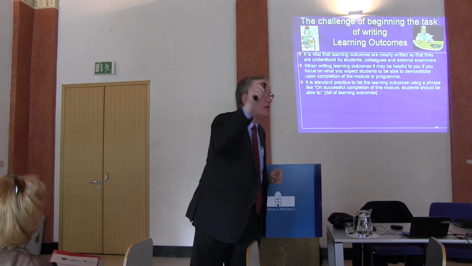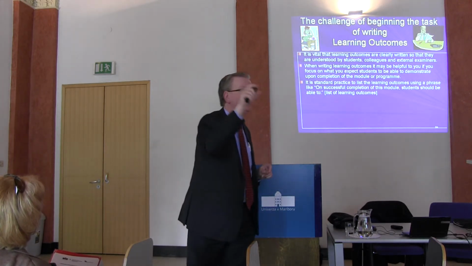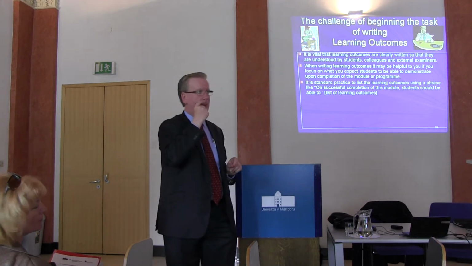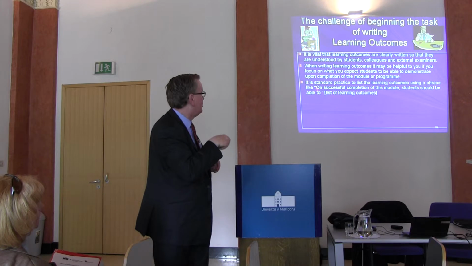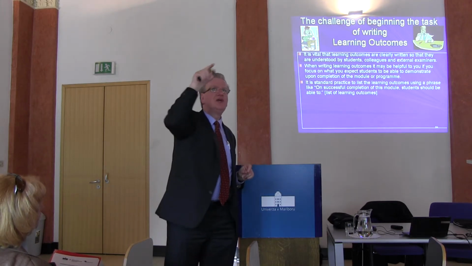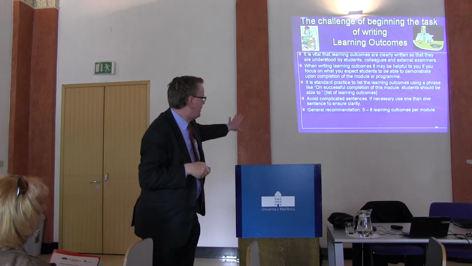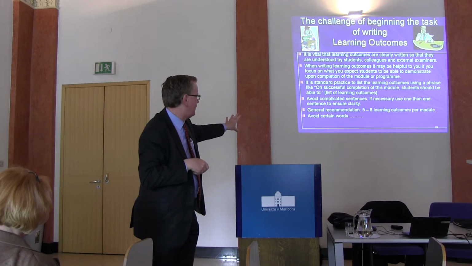Now that is there in order to help the professors to start the learning outcome with an active verb. So at the end of this module, students should be able to do the following. Okay? Keep it clear, usually between 5 to 8.